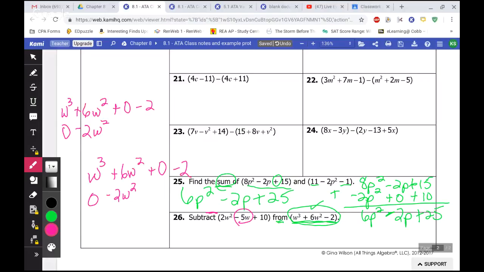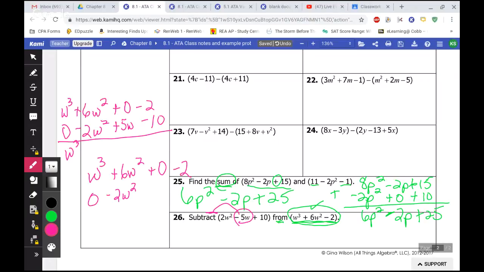And then I've got a minus 5w, right? Because if we're subtracting, that's a minus minus. So that's going to be plus 5w. And then minus 10. So now w cubed and 0, that's going to be w cubed.